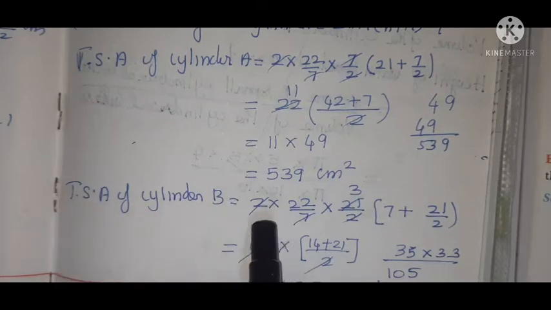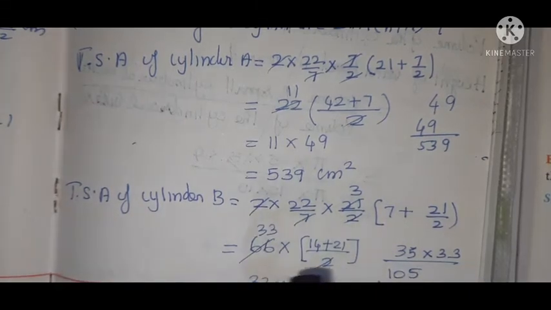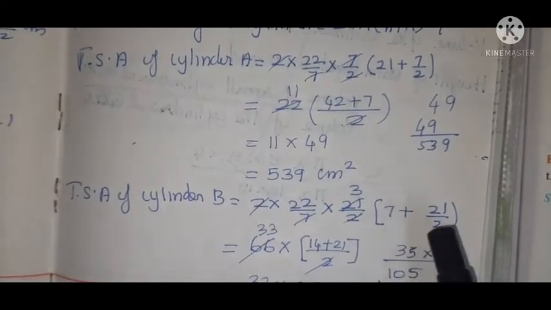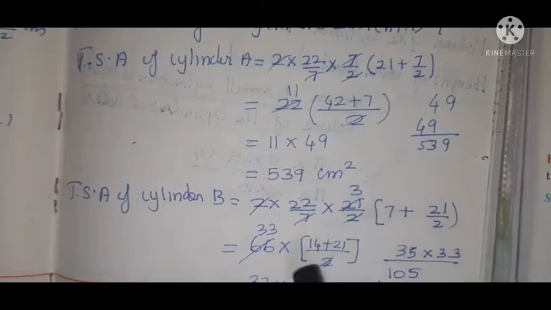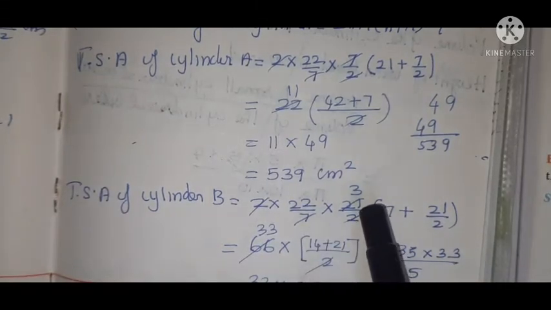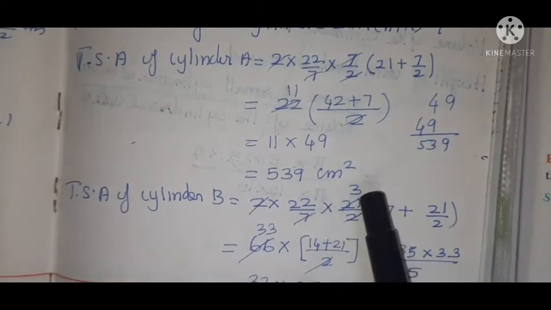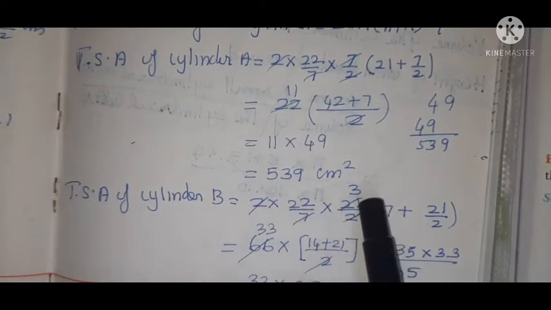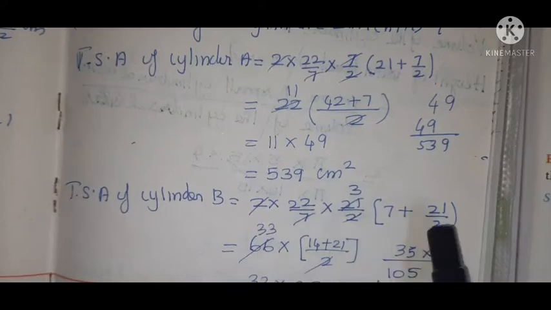Total surface area of cylinder B is 2 into 22/7 into r 21/2 into h 7 plus r 21/2. 21 divided by 7, we get 3. 2 divided by 2. 22 into 3 is 66.